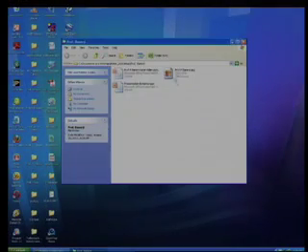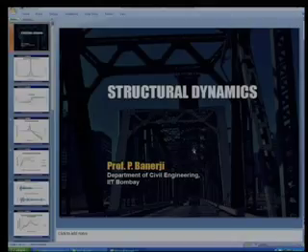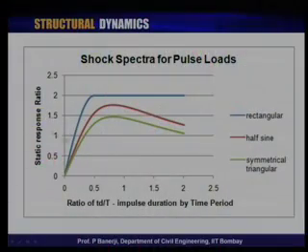See, if you look at this, it will give you an idea. If you look at the shock spectrum that I showed you, the rectangular really goes up fast.